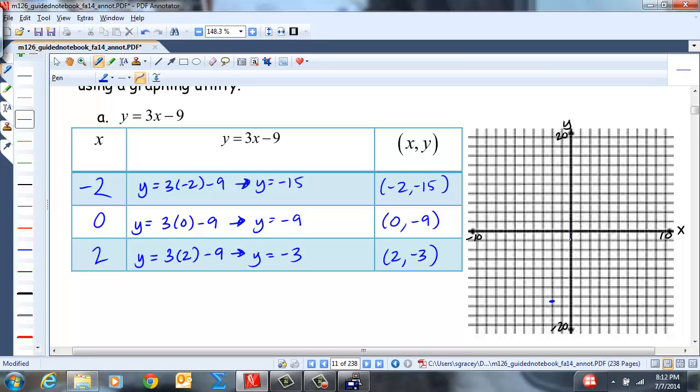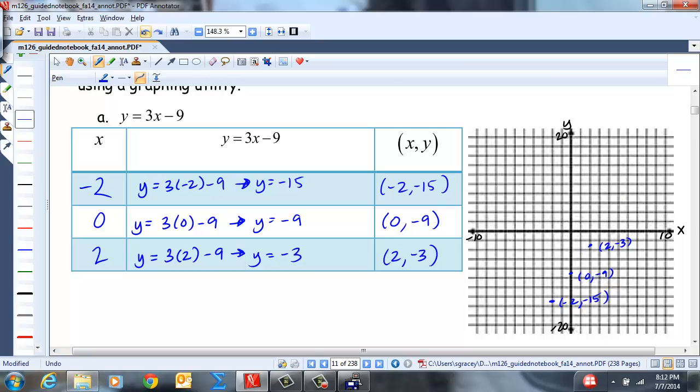Then 0, -9, and 2, -3. So this is 2, -3. This was 0, -9. See how it crosses the y-axis? And this was the -2, -15. And then connect the dots.